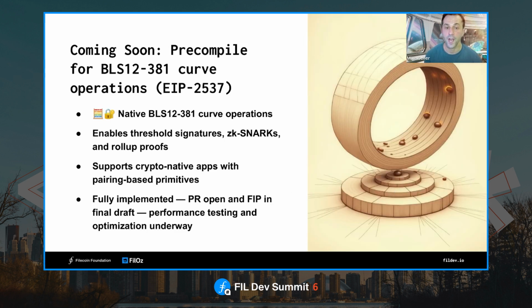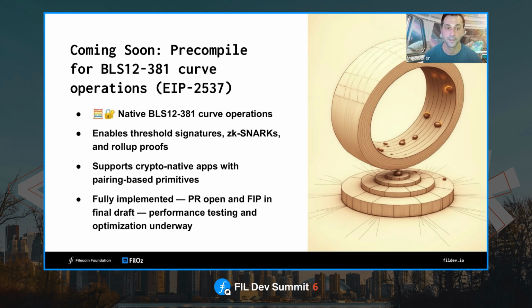Next up, a feature on the near horizon, native BLS 12-381 curve operations. EIP 2537 introduces a precompiled contract that lets smart contracts efficiently handle BLS 12-381 cryptography.